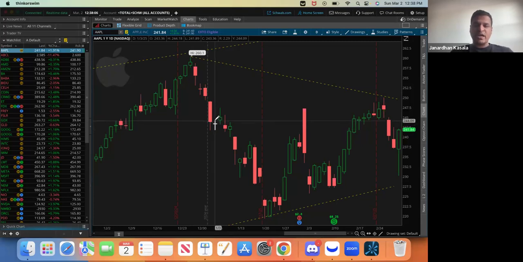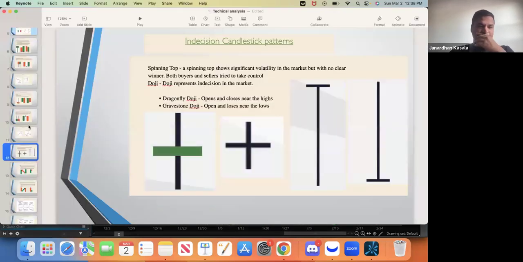They tried to take it even higher, but it closed around the same price. So there is no body, it closed where it opened. That's when you don't see a body. Does that answer your question?